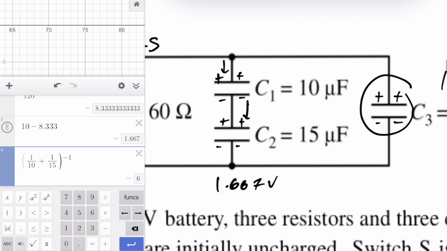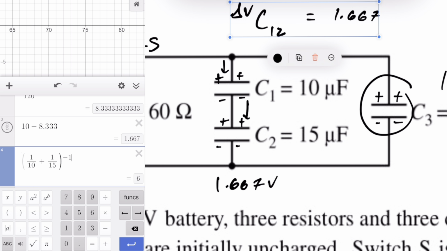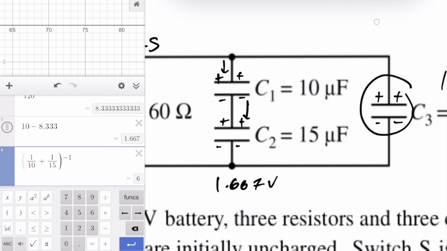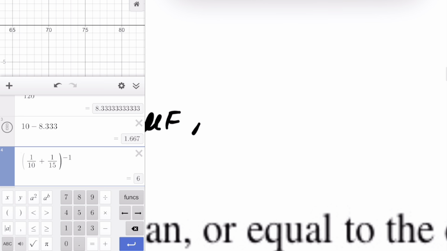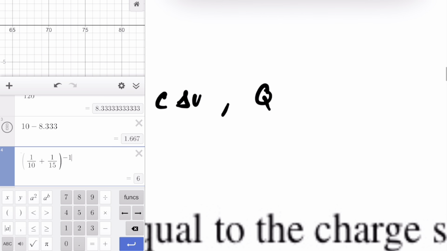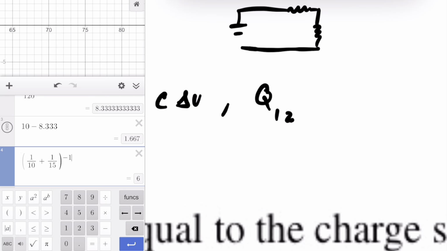And now that I've combined them, I can say safely that the voltage has to equal 1.667 because it's in parallel with the other ones. So the voltage has to be the same. So now, by Q equals C delta V, the charge on the big capacitor that I just visualized, like this.